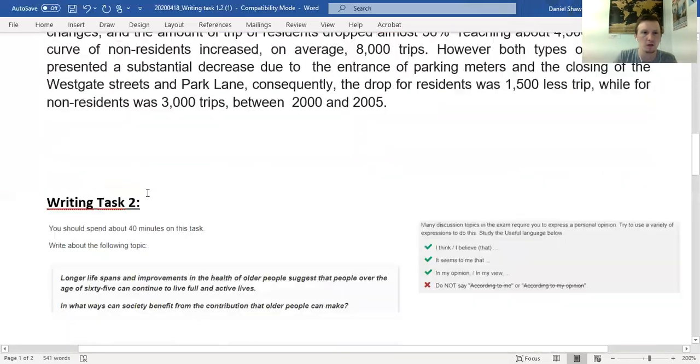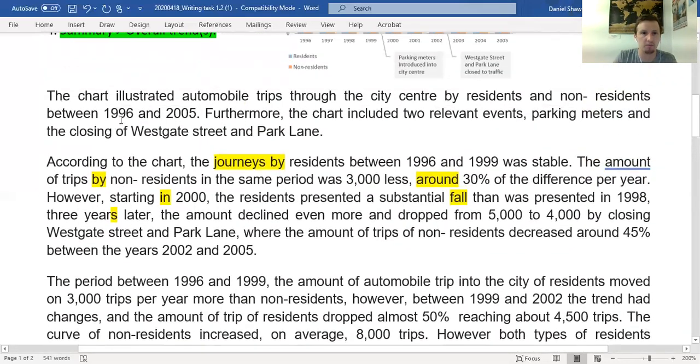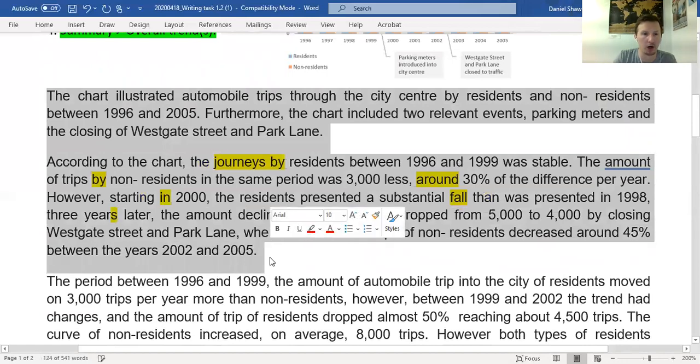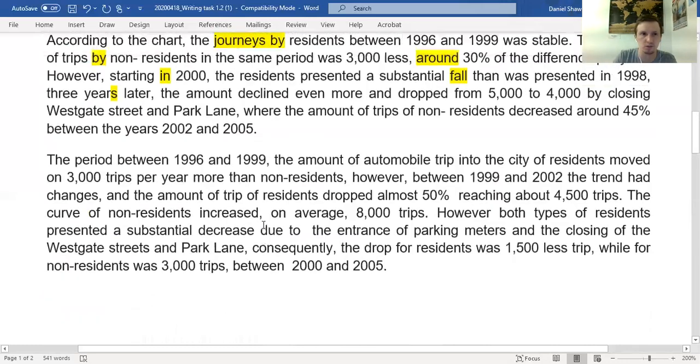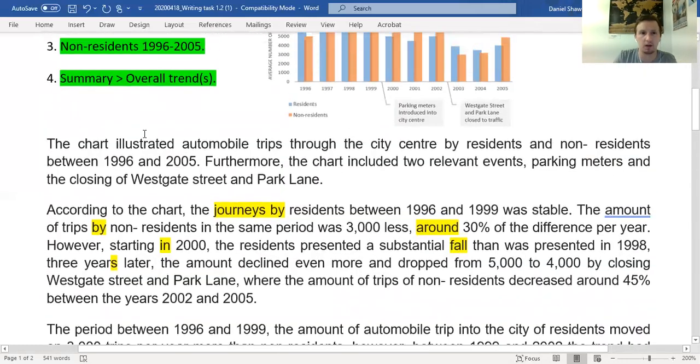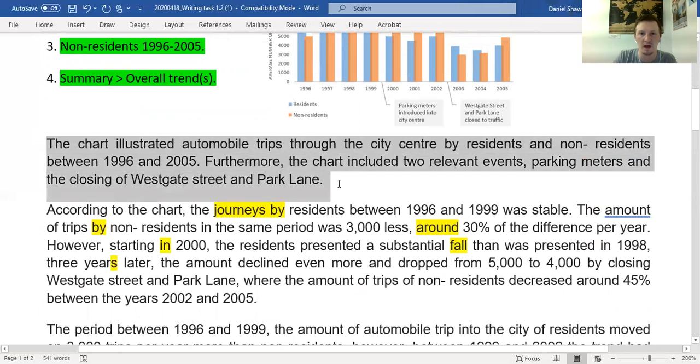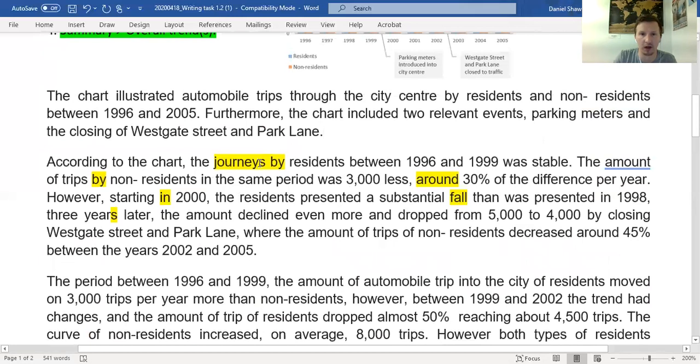Okay, almost done now. We're on the last paragraph and we have about 124 words. So still a little bit on the long side, but we're getting much closer to where we need to be for this. We've summarized the question in our own words, and we've talked about the two trends, and then we've got into more detail here about residents.